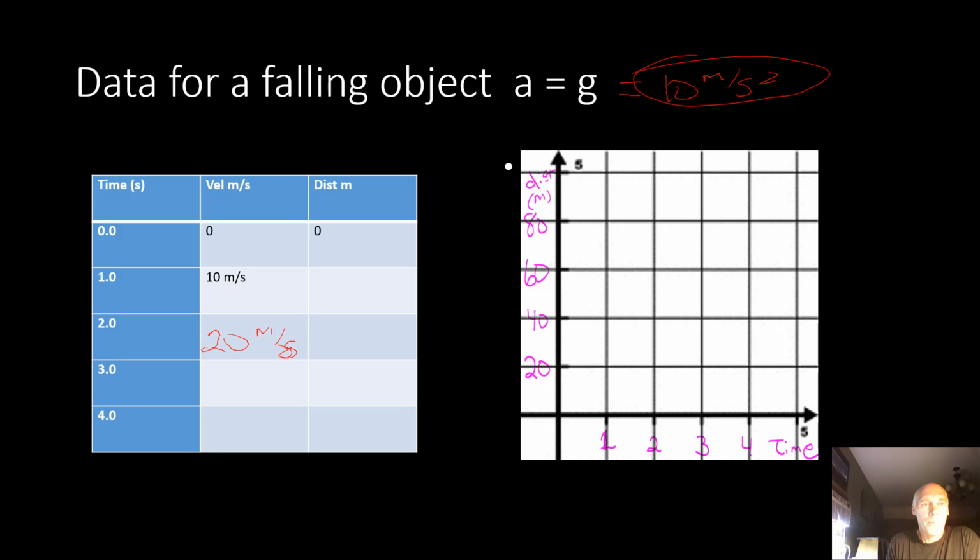After 3 seconds, you're going 30 meters per second. And after 4 seconds, you're going 40 meters per second. You could take this table all the way down, and every time you're going to be increasing by 10, 10, 10.